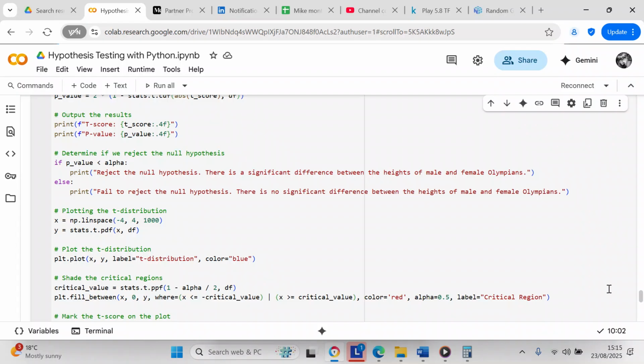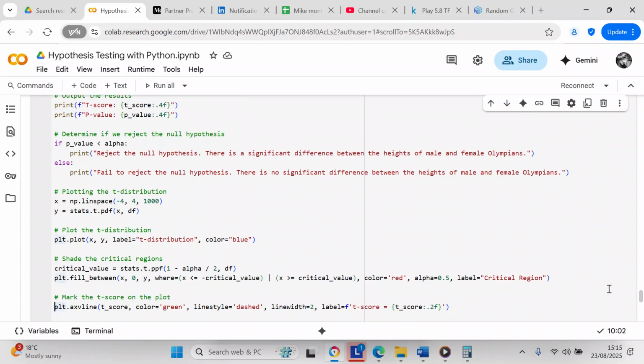So plt.fill_between brackets x, 0, y, where x is less than or equal to negative critical value or x is greater than or equal to critical value, color equals red, alpha equals 0.5, label equals critical region.